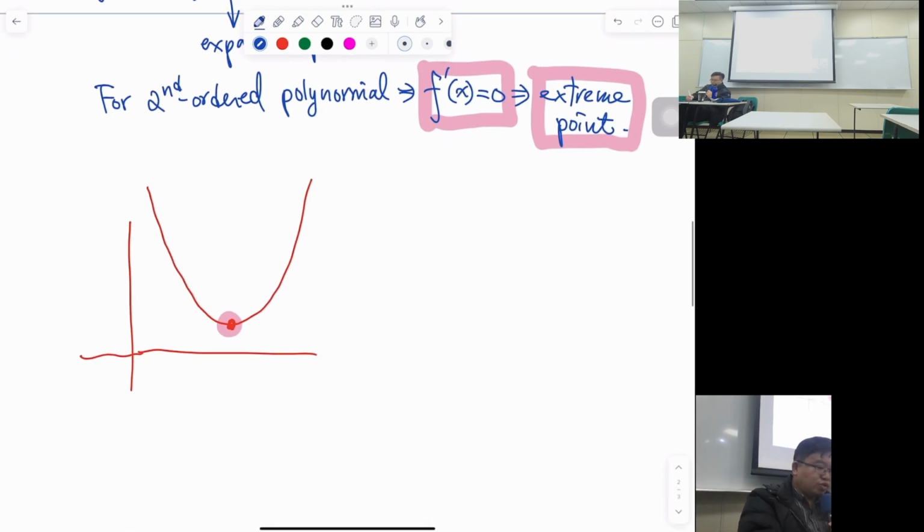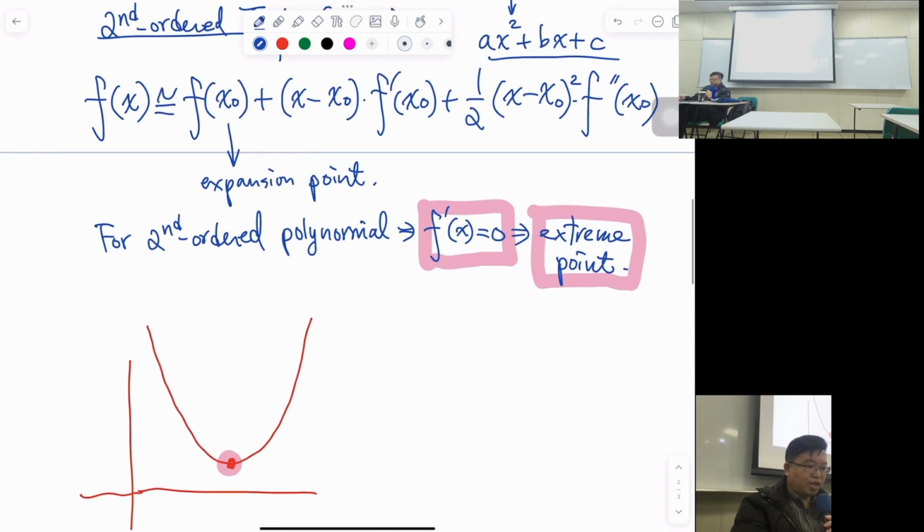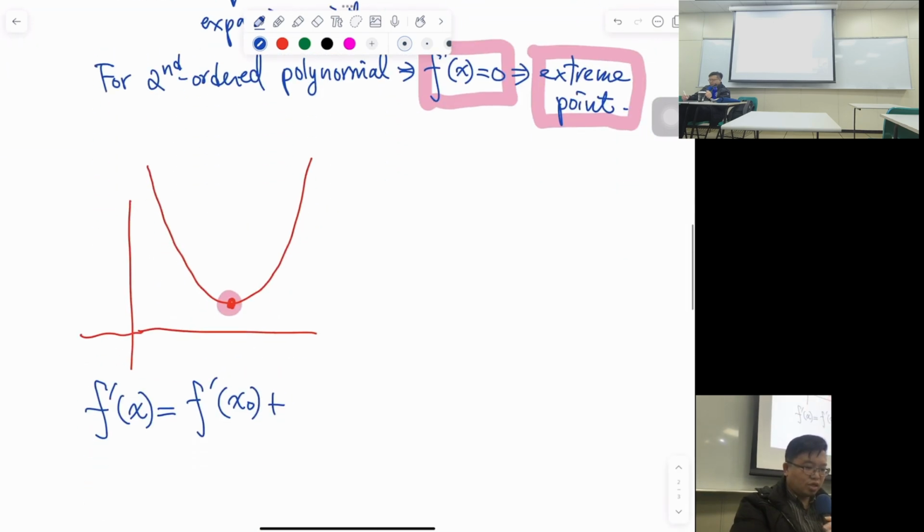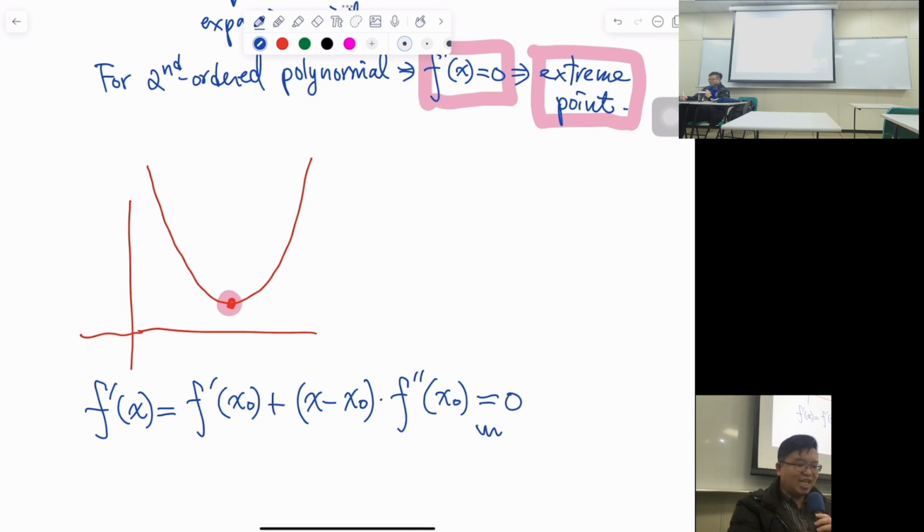So now we need to do this, f prime of x. So the result would be f prime plus x minus x0 times f double prime of x0, right? And we need this function to be 0. So we need to solve for this, solve for x, and x will be the extreme point.